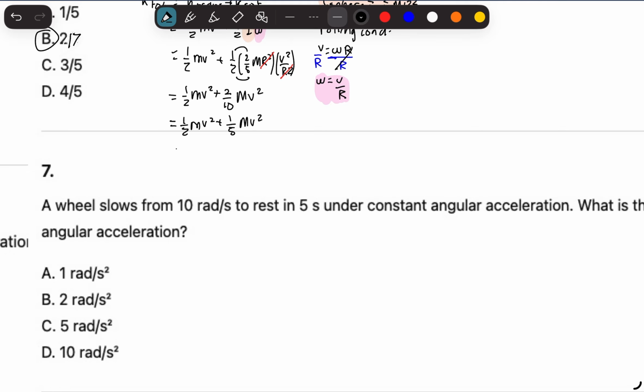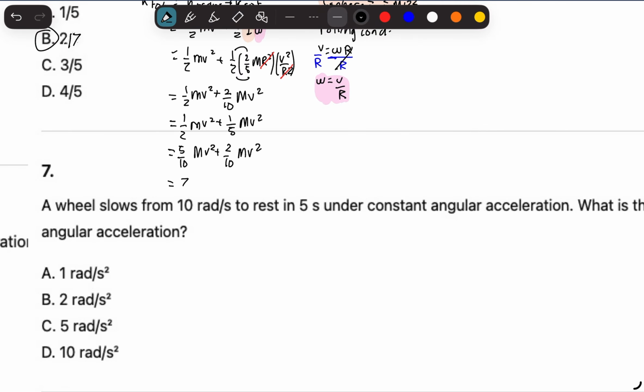So now our total kinetic energy, you can rewrite 1/2 with a common denominator of 10. So 1/2 is equal to 5/10. And 1/5 with a denominator of 10, that's going to be 2/10 mv squared.